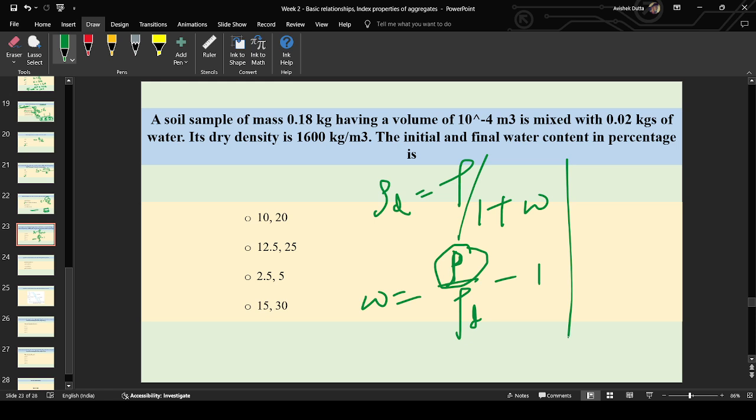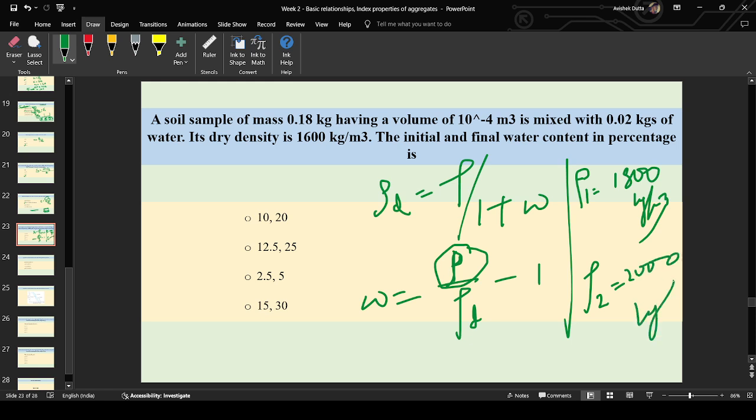So rho 1 will be 1800 kg per meter cube. After addition of water, it is 0.2 kg, so rho 2 will be 2000.